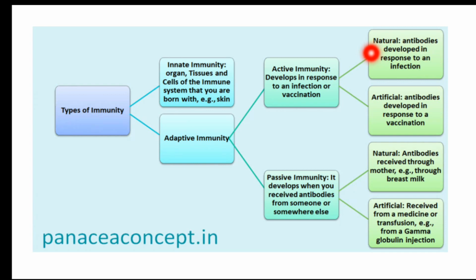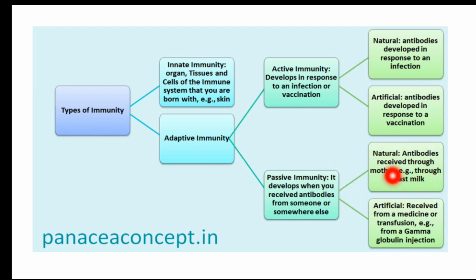This is natural, and the artificial in this case, a vaccine is administered, which is nothing but an antigen containing preparation which will develop antibodies in response to that antigen administered.